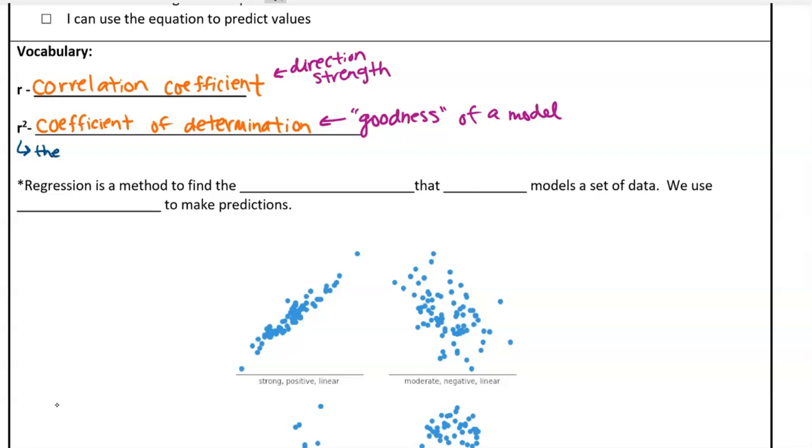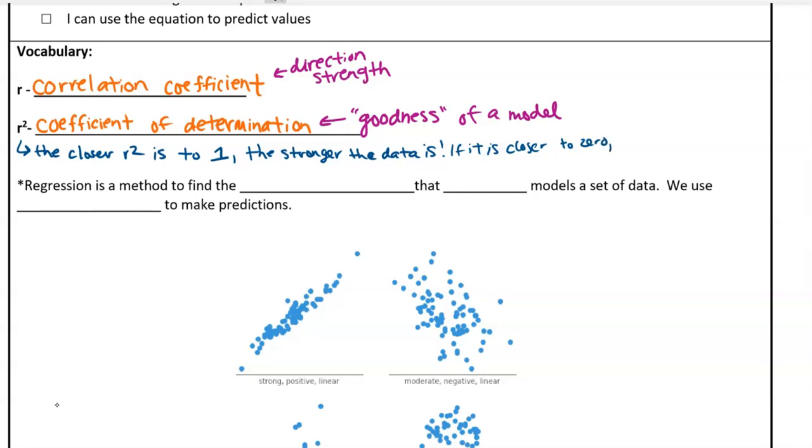So we'll say the closer R squared is to 1, the stronger the data is. If it is closer to 0, it is weaker.